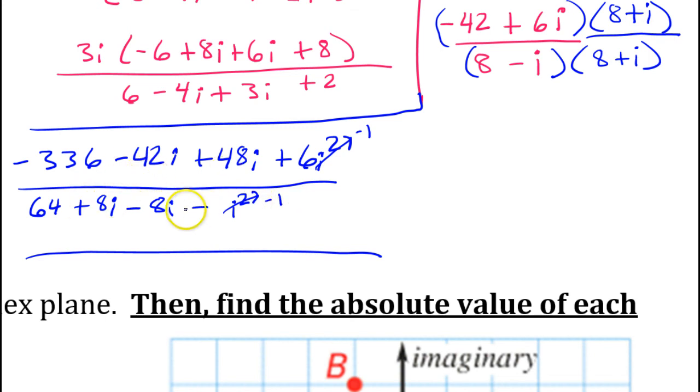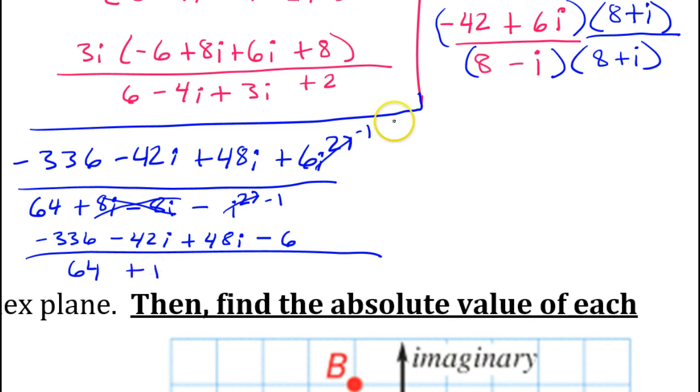Okay, so I'm just going to bring this down. But this will be a minus 6 because times negative 1. These will cancel each other out. So I have the 64, but then I have minus negative 1, so that is a plus 1.